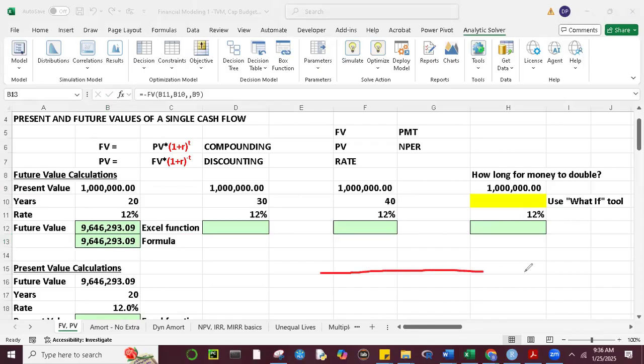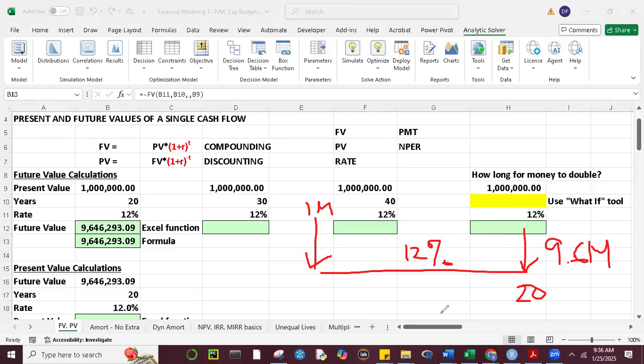All right. So what's important here also is the equivalence. So 1 million today is equivalent to 9.6 million, let me just round it off, 9.6 million 20 years from now at a rate of 12%.